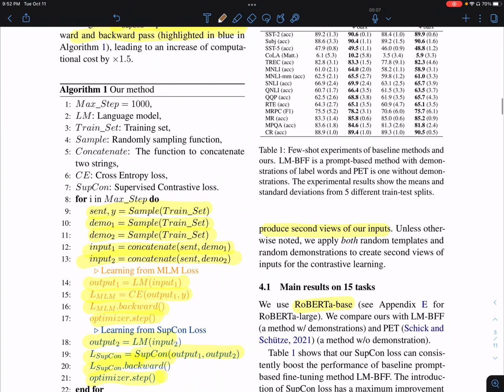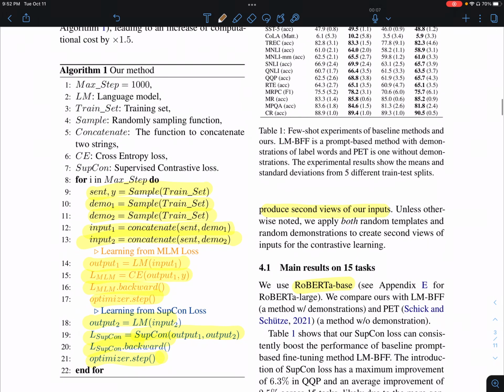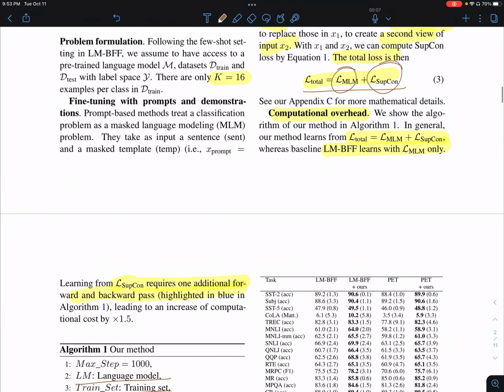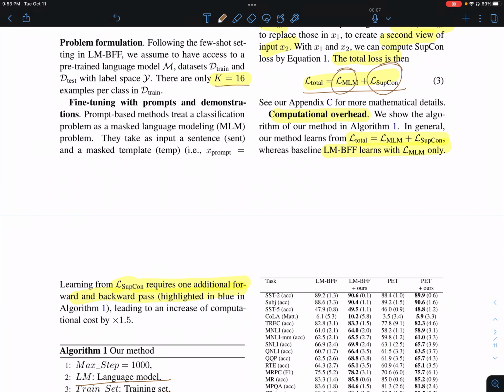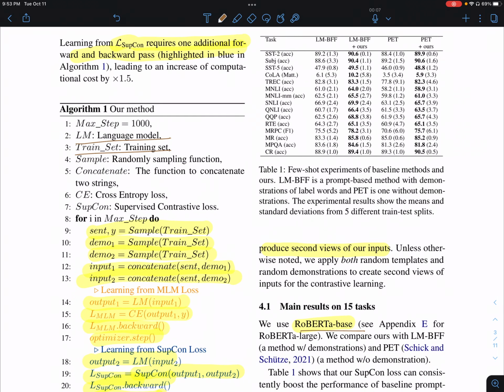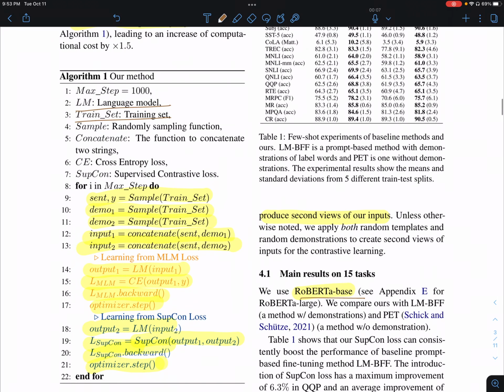That becomes your total loss. Here they show their method where they have a language model. I believe they work with RoBERTa base, and then they have a training set. In their training set, they have just around 16 examples, and that's where the few shot learning comes into play. And then they randomly sample the demonstrations, you'll see that later.